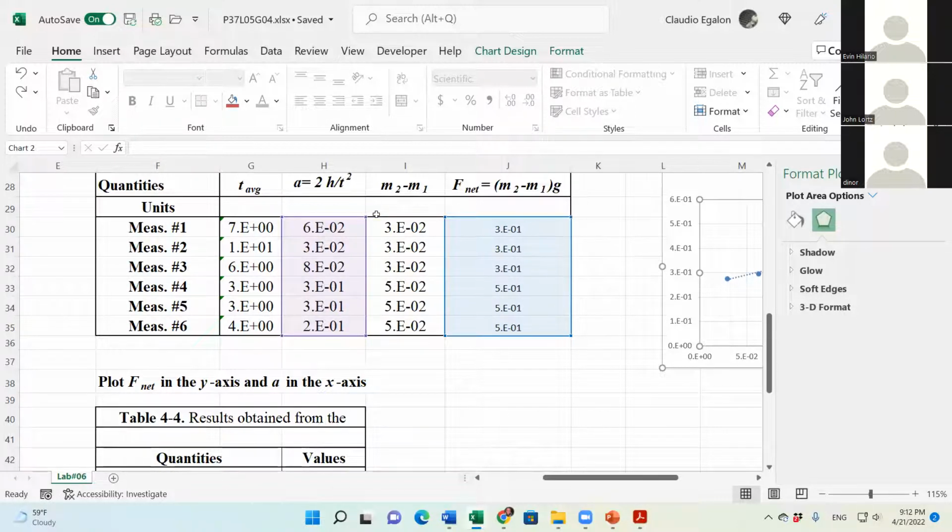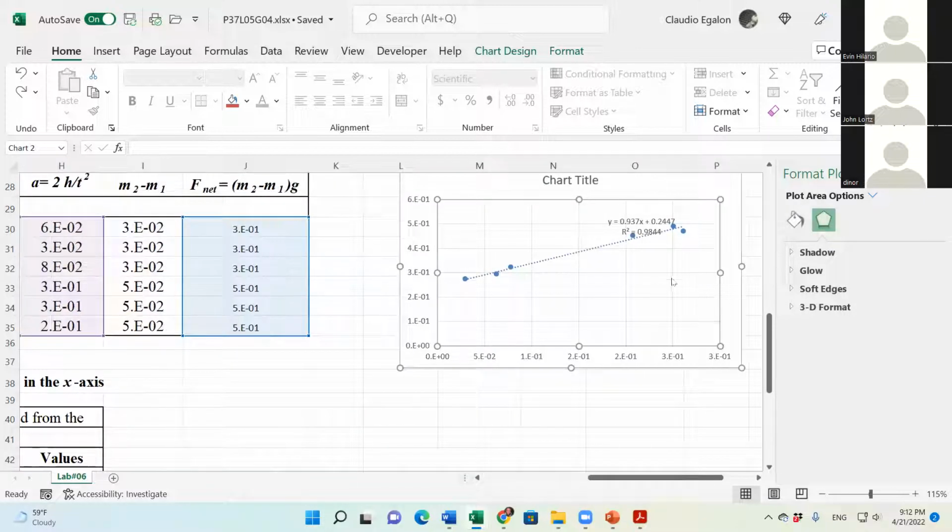Now, what's the unit of the slope? It's the unit of the rise divided by the unit of the run. Divide newtons by meters per second squared. What unit do you get? That's dimensional analysis. What do you get for the unit?